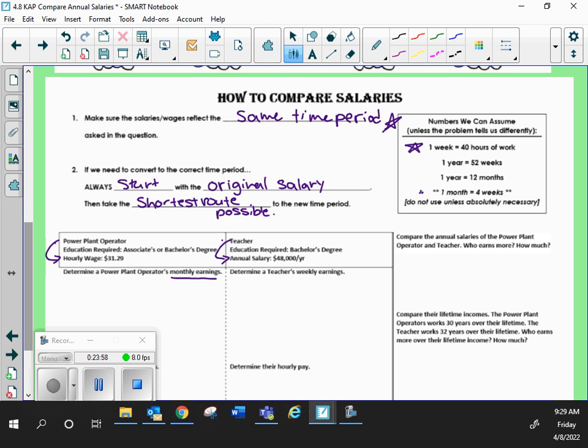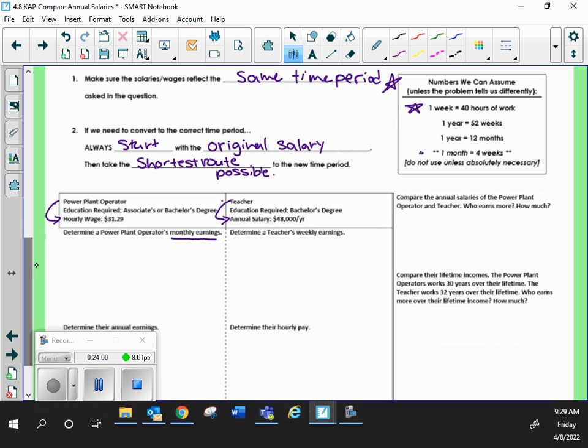So to determine the monthly earnings, we first need to turn this hourly wage into a week and then the week into a month. We're going to start by getting the weekly earnings.